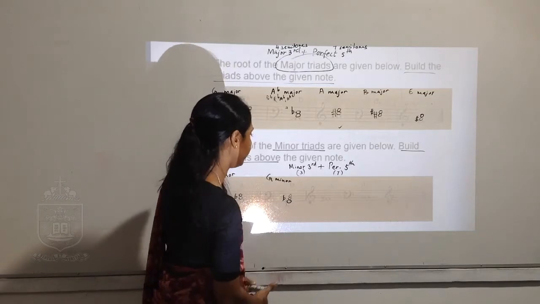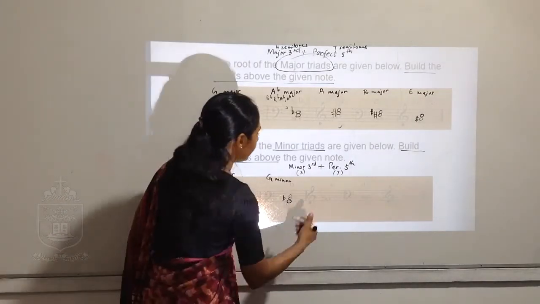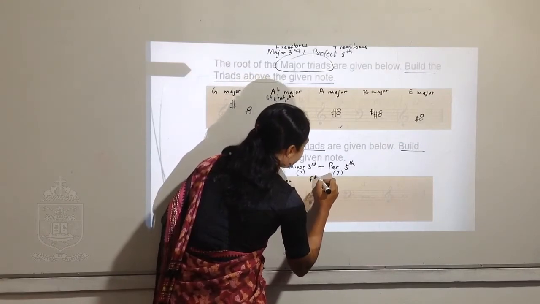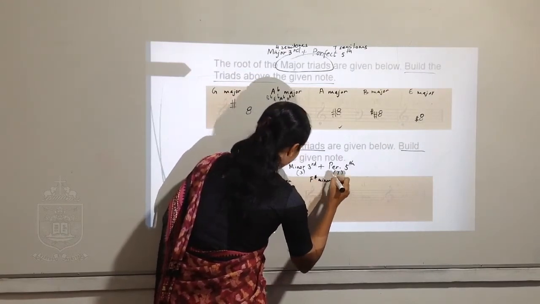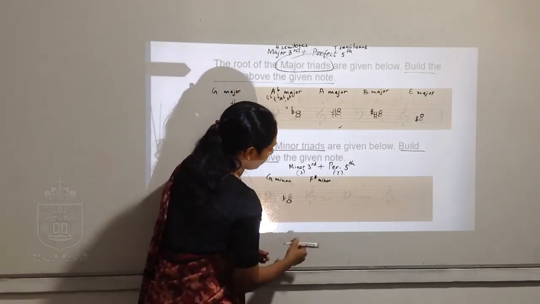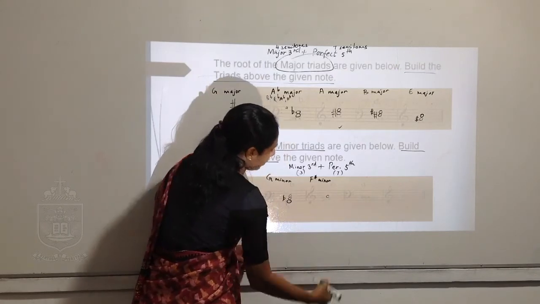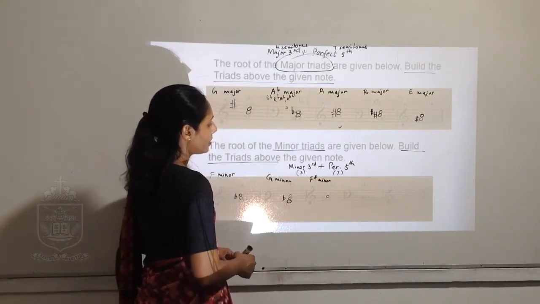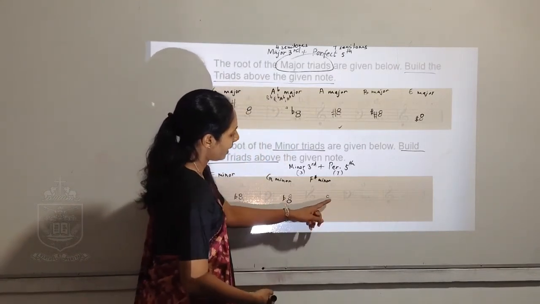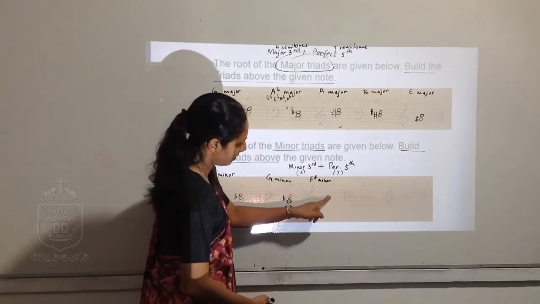We move to this one. This is F sharp minor. F sharp minor has 3 sharps, right? F sharp. Third: 1, 2, 3. Now we check the semitones. Minor third has 3 semitones. F sharp to G, G sharp, A. Right, okay? 3 semitones.